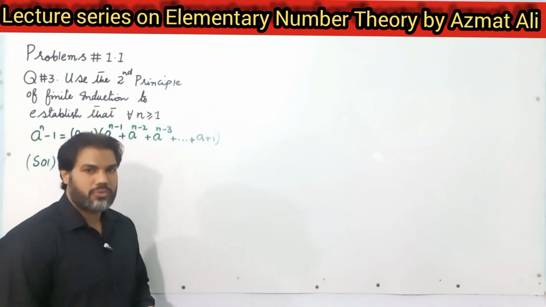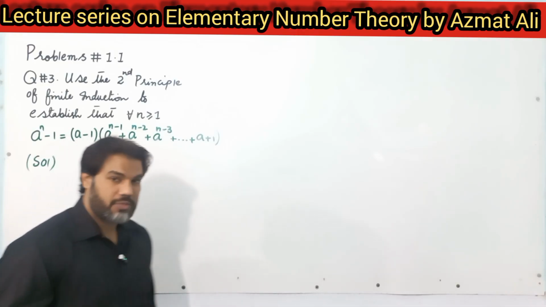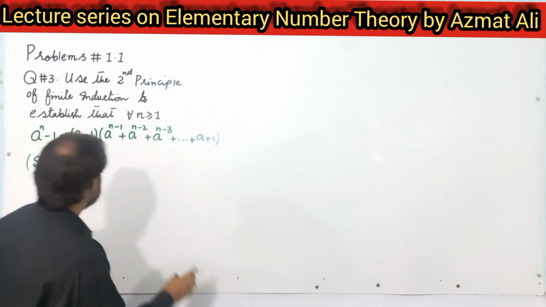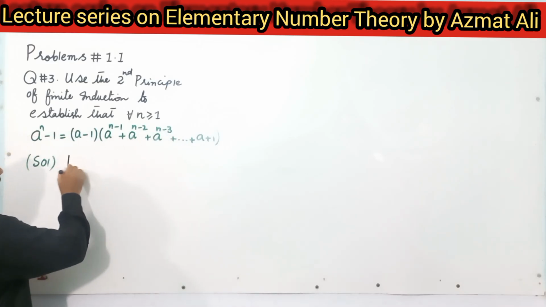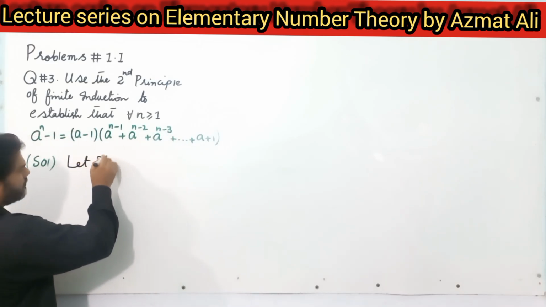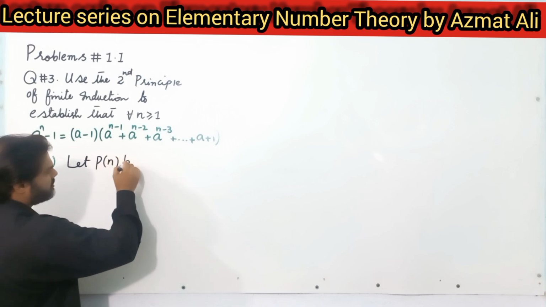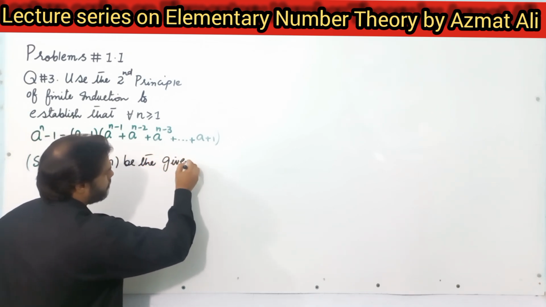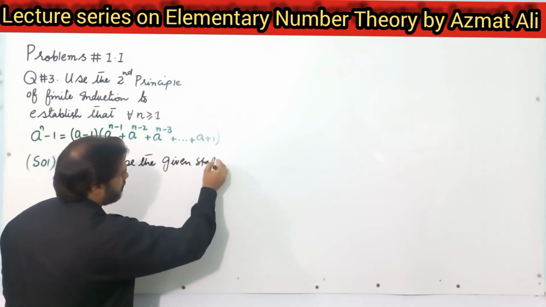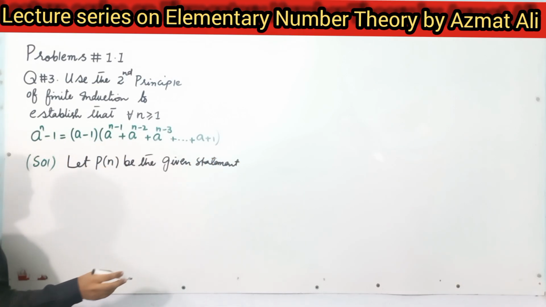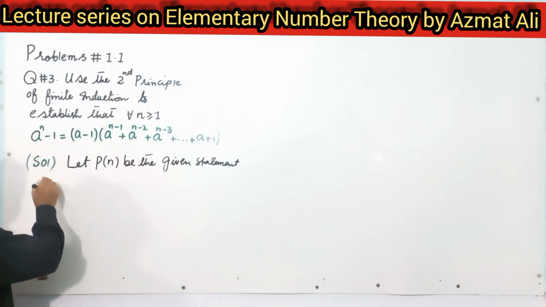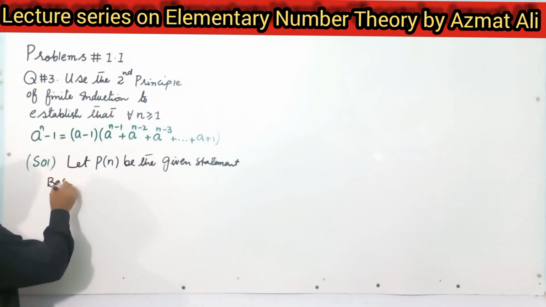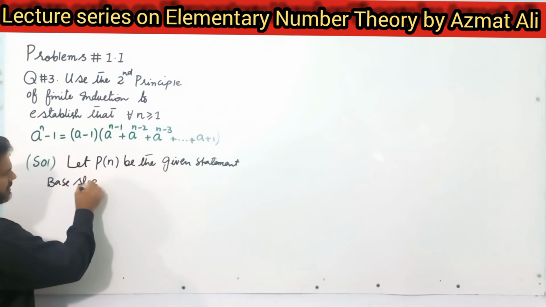Then the base step: we first check the statement for n is equal to 1. Let Pn be the given statement. Our first step in the second principle of finite induction is the base step.